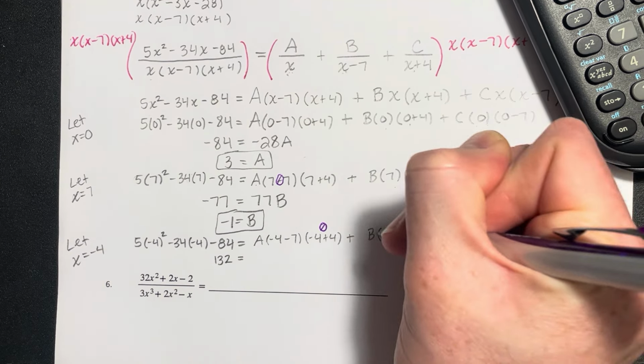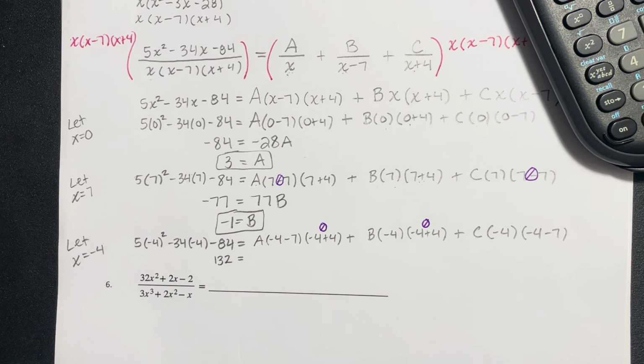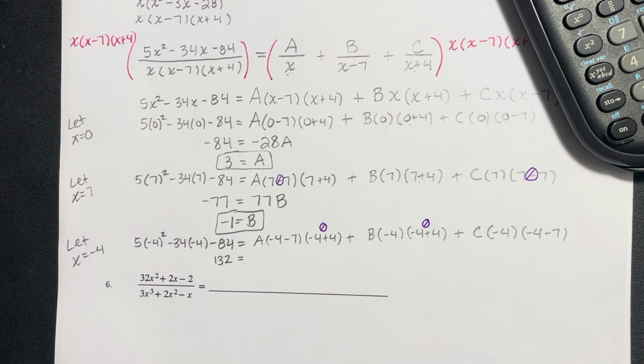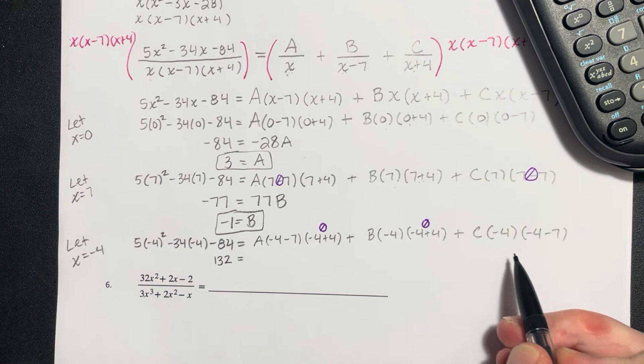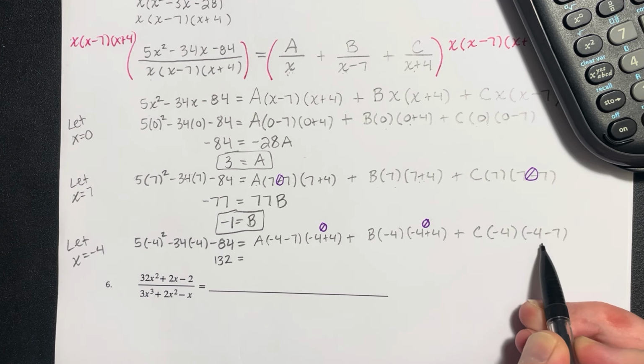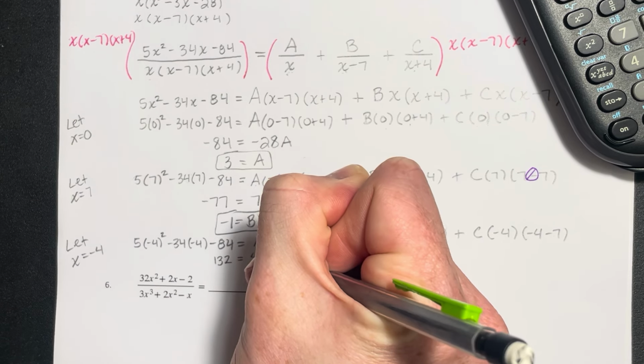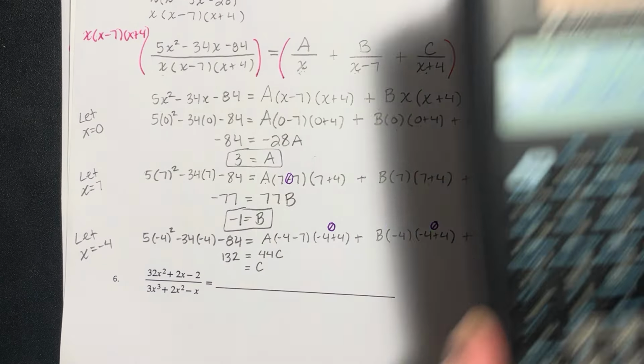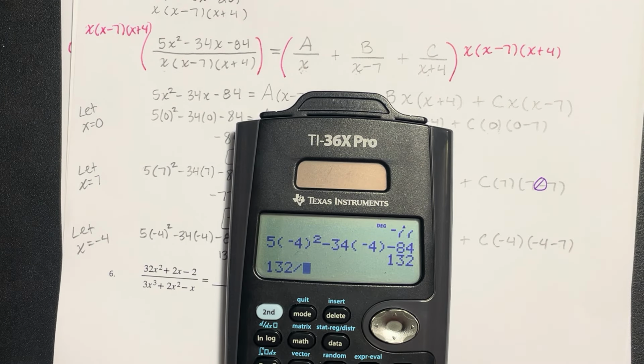We get b times negative 4 times 0, which is still 0b. But then on the last part, negative 4 times negative 11 would be positive 44. So 44c. And we divide by 44. So 132 divided by 44 is 3.